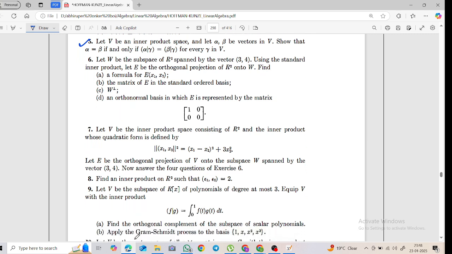Let W be the subspace of R2 spanned by the vector (3,4) using the standard inner product.